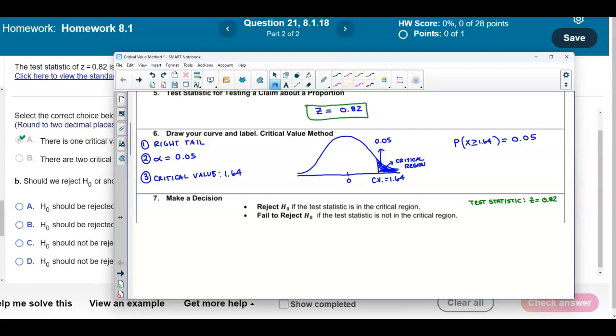Now it's to the right of 0, but it's to the left of 1.64. So here we have 0.82, and if you notice, the test statistic is not in the critical region.